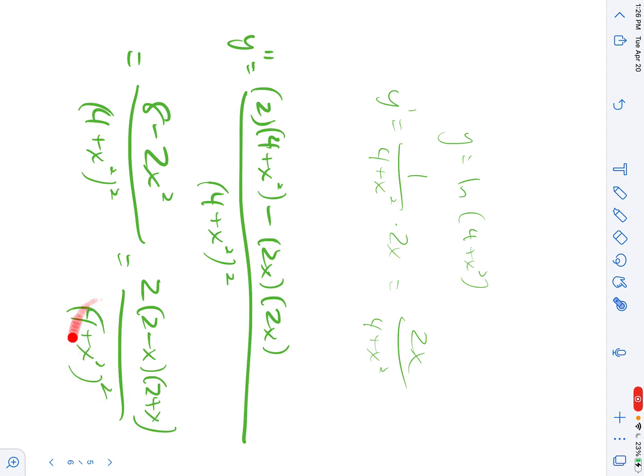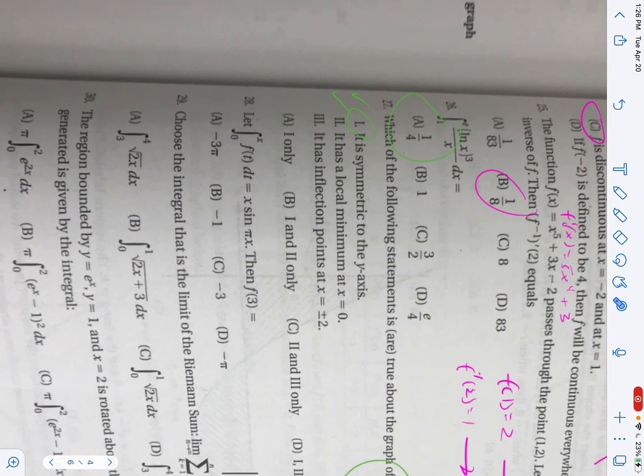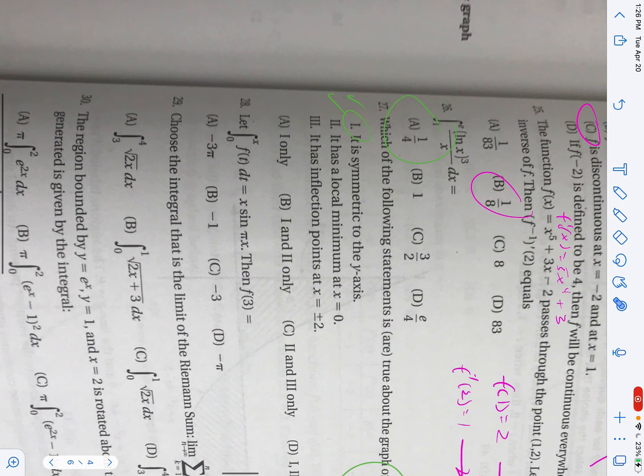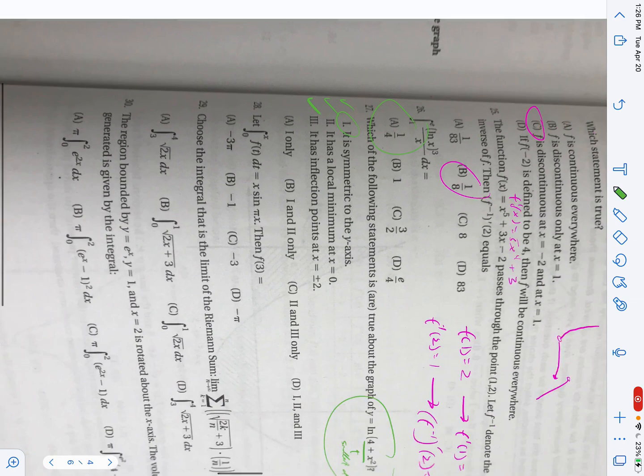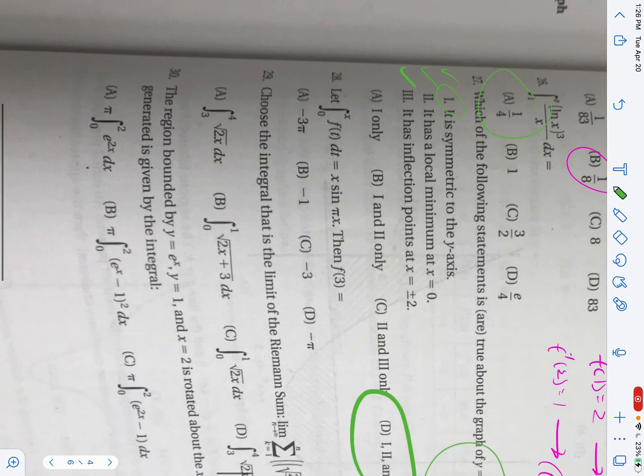We'll notice that the denominator is always positive. So this second derivative switches signs at 2 and negative 2. So yes, those are where the inflection points occur. That's a lot of work to do in 3 minutes, but they're all true. Three more to go.